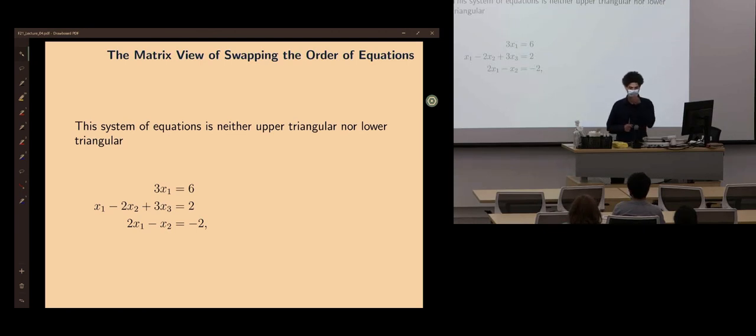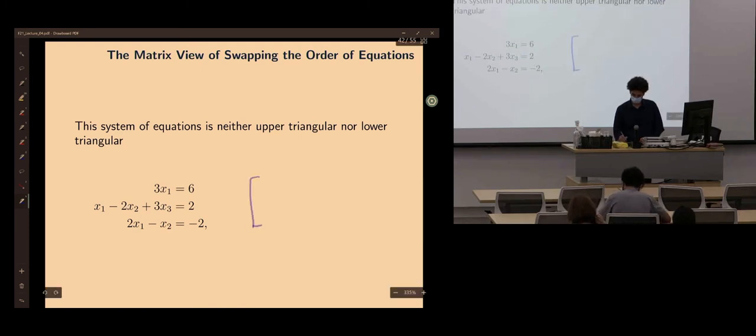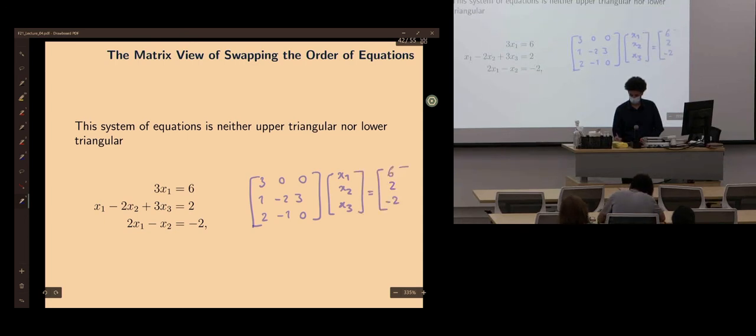So the last topic of today is about the matrix view of swapping rows. Now suppose I'm given this set of equations, and I write this in matrix form, which by the way, now you can calculate it.